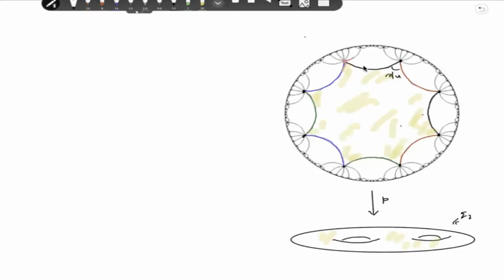So now, to get a closed curve or a geodesic in this hyperbolic surface, first let us take this point. This point will be identified to some point here, and we can join them by a geodesic.